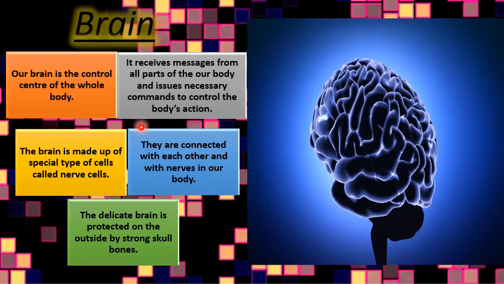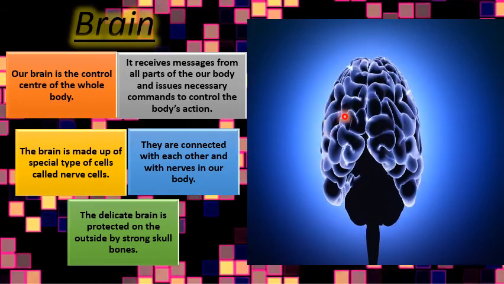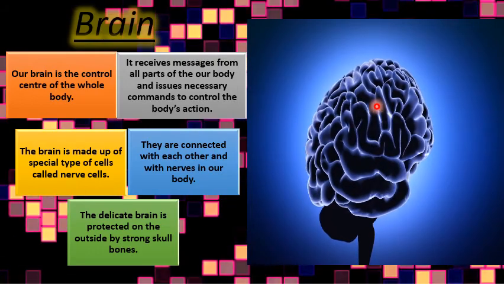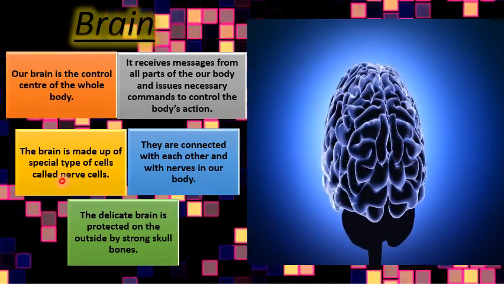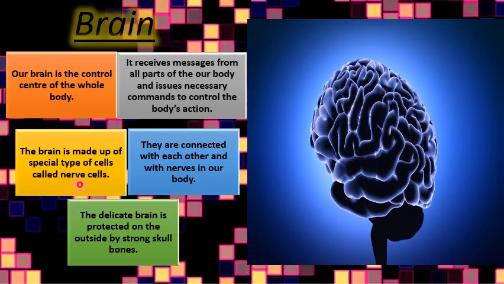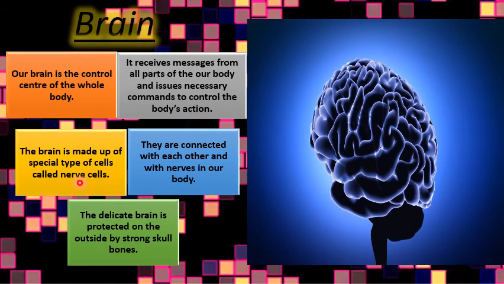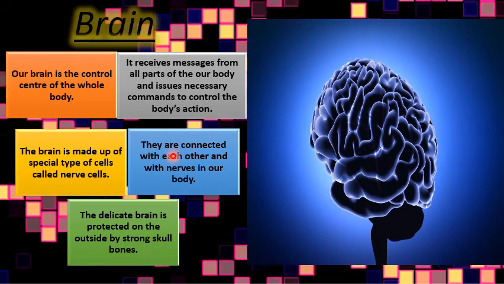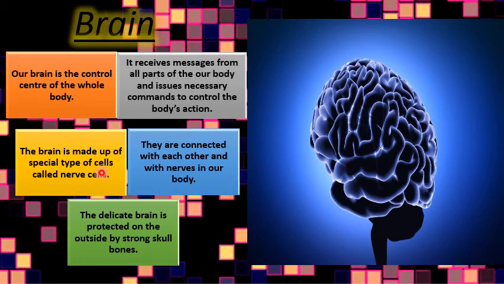We must know that the brain is very complicated, and it has a number of folds and grooves. The brain is made up of a special type of cells, and these cells are called nerve cells. They are connected with each other, and the nerves in our body are all connected with one another.